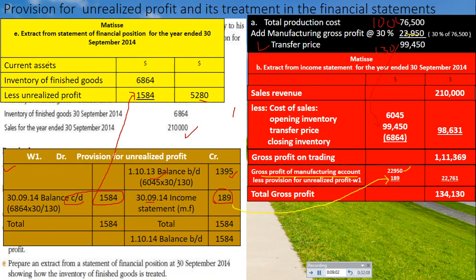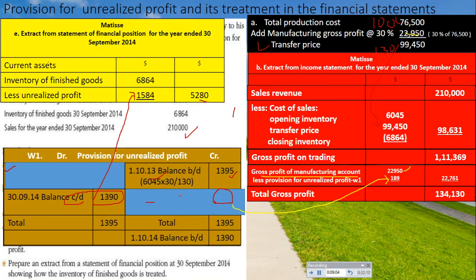Now I have a second situation. What if this time the debit side is not enough? See the total out here. Here what happened? You have 1395 in the credit side and then 1390 in the debit side.